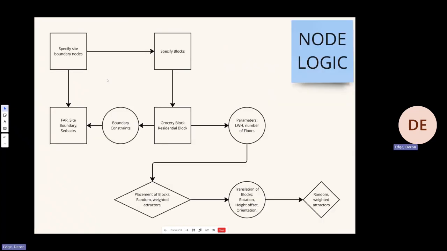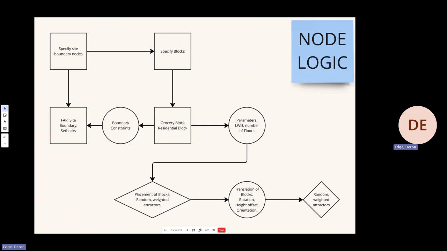This is the idea behind the nodes, the logic behind them. You can specify site boundary nodes, specific types of blocks, and things like site setbacks, what the FAR might be, and specifications for the grocery block or residential block.